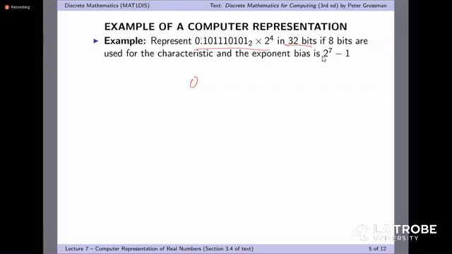Then the next 8 bits are used for the characteristic, and the exponent bias is given to you. So we have 8 bits here for the characteristic, and then comes the significand, 23 bits.